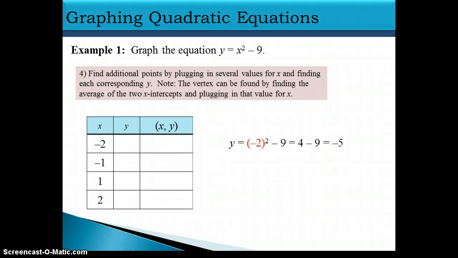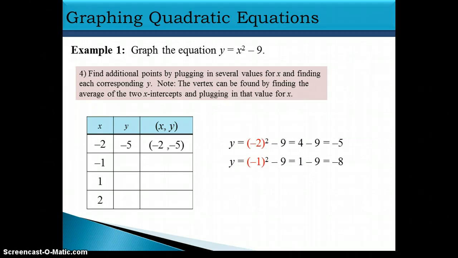So we start by plugging in negative 2 for x, and when we square negative 2, that's equal to positive 4, and positive 4 minus 9 is equal to negative 5. So when x is negative 2, y is negative 5. That gives us the point negative 2, negative 5.